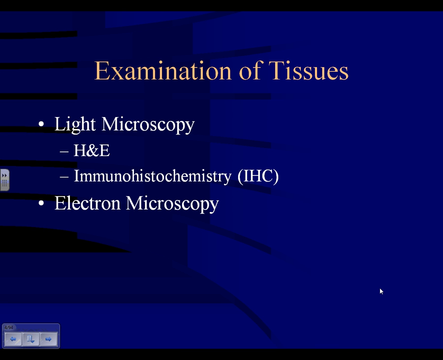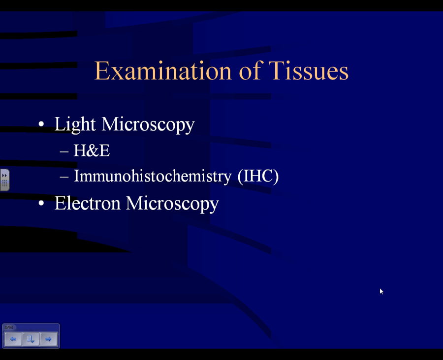When we look at tissues in the pathology laboratory, we're talking about an H&E, or hematoxylin and eosin, stained slide that's been paraffin embedded, fixed, and put on a slide. There's also immunohistochemistry, which is becoming increasingly important. It's a way to interrogate cells in terms of what kinds of sugars or proteins they express.